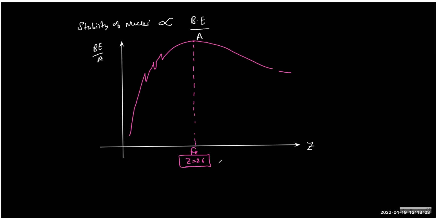Iron is 26, right? Yes. So the nucleus of iron is most stable, not the iron itself. Iron gets easily rusted, it is very reactive, it reacts with atmospheric oxygen. But I'm talking about the nucleus of iron. So the nucleus of iron is most stable.